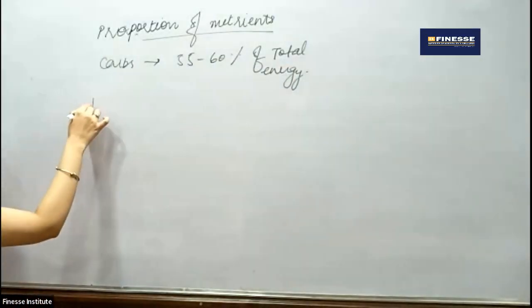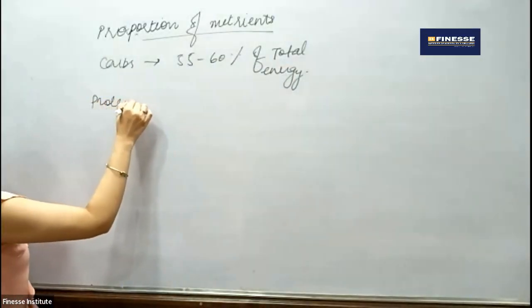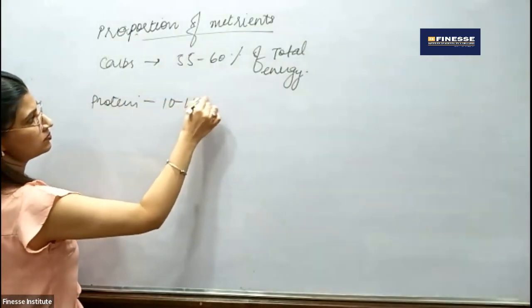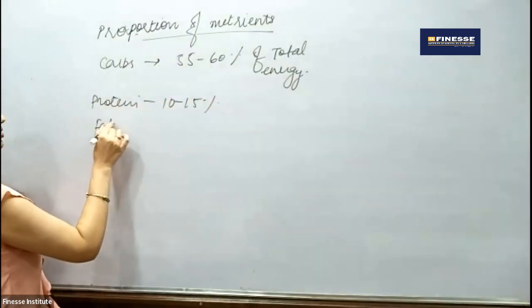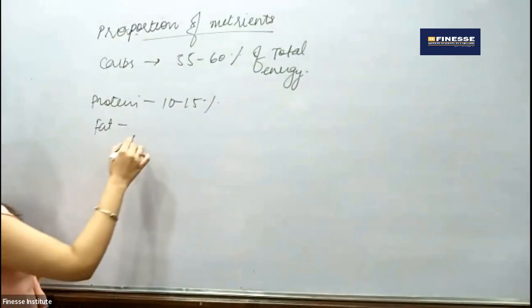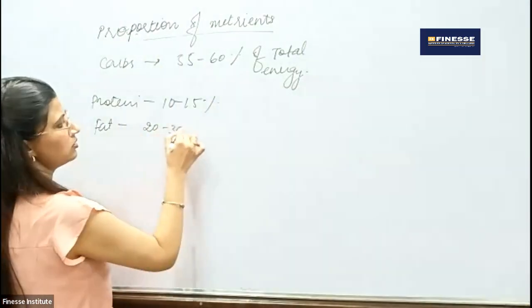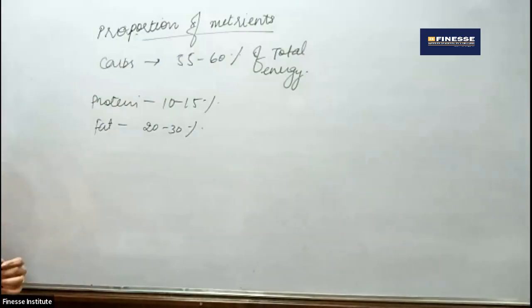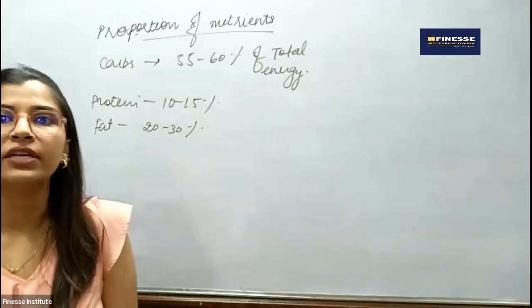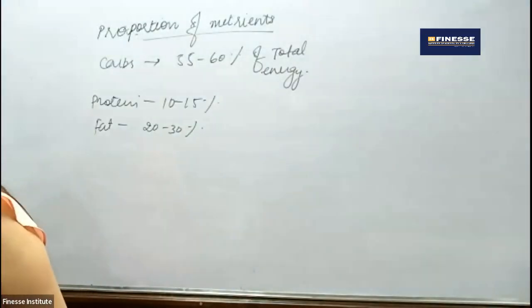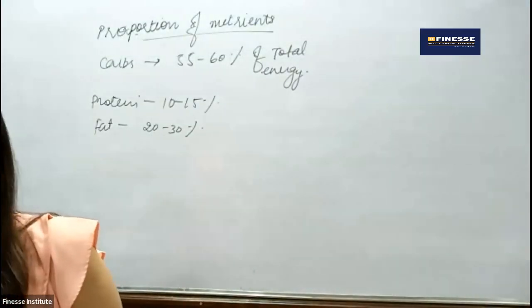Okay. Then proteins 10 to 15%, and fat is 20 to 30%. So this is the proportion of nutrients. Okay, so हम calorie requirements ध्यान में रखनी है. Then we also have to make sure that we are giving the macronutrients according to the proportion.